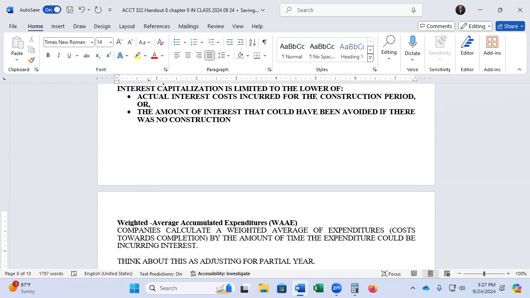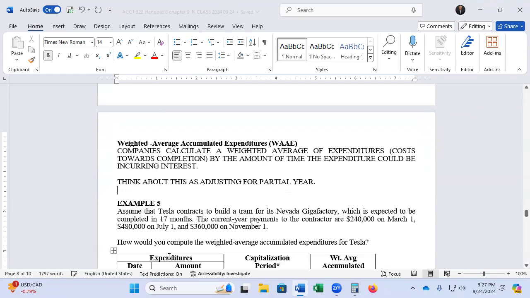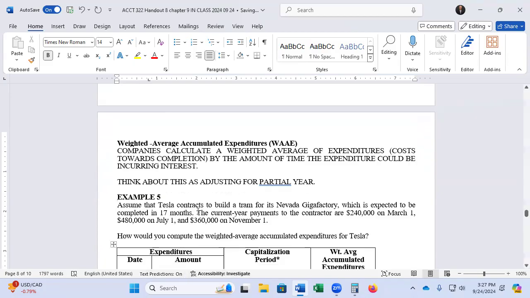It's going to say, like we do with common shares outstanding. Give you guys time to finish that up before we jump to example 5.